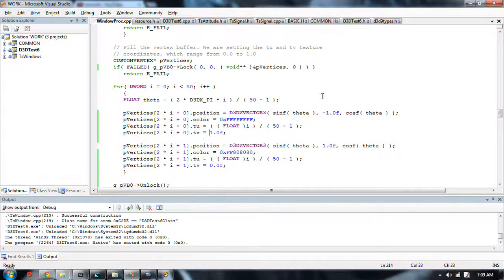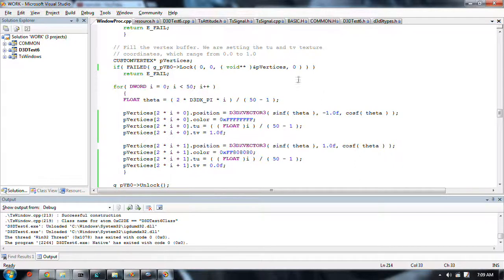Now, as it's going around the circle, the x coordinate of the texture starts. It's the same for both of these vertices. It's a straight line, so it makes some sense that the x coordinate of the texture at any given angle in the cylinder is the same.